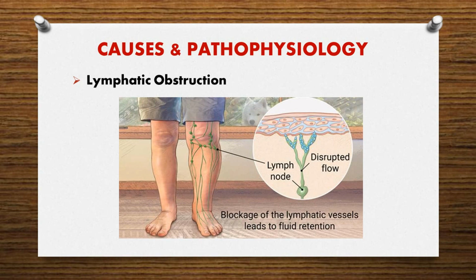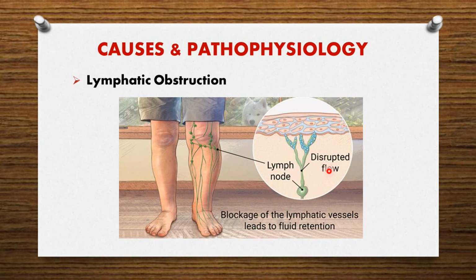So, whenever there is blockage in the lymphatic system, as we can see here, these are the lymph nodes. Whenever there is a formation of lymph nodes, there is a disruption in the flow of lymph in these vessels.